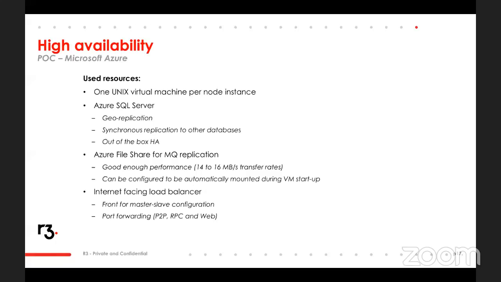And lastly, in order to obfuscate the master and slave configuration inside the Corda network, we use an internet-facing load balancer, which acts as a front for the 2 machines and forwards traffic to the active machine in either peer-to-peer, RPC, or web traffic.